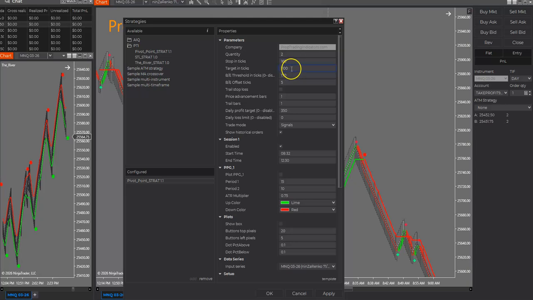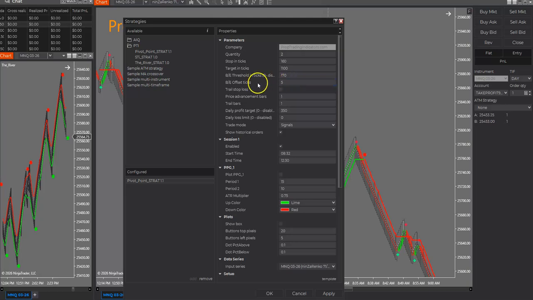I'm going to put a target way far away, just in case I get in and the market takes off. So 160, the market gets to 170 ticks in the money. My stop, that's minus 160 ticks from my actual fill price, will move then to break even plus 5 ticks. So that's a free trade then.